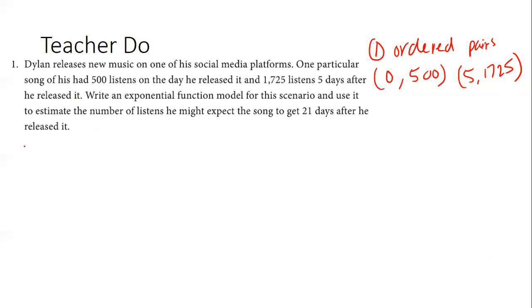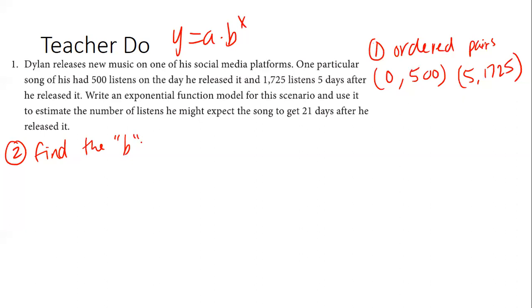Okay. The next thing we're going to do is, remember, we're working on y equals a times b to the x, right? So we need to be able to find our b. So step 2 is to find the b. To find your b is fairly easy.